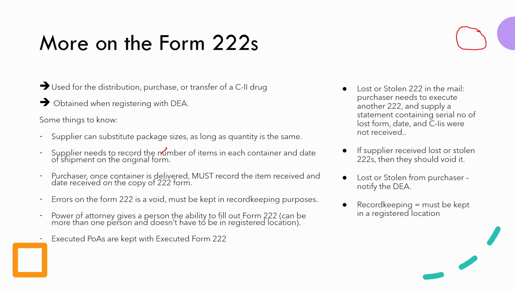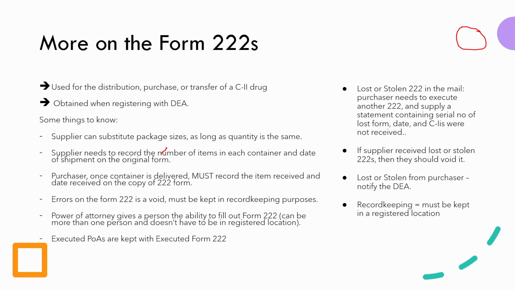Once the medications are delivered to the purchaser's address, the purchaser, the one that purchased the drug, needs to record the items received and the date received on the copy of the Form 222.